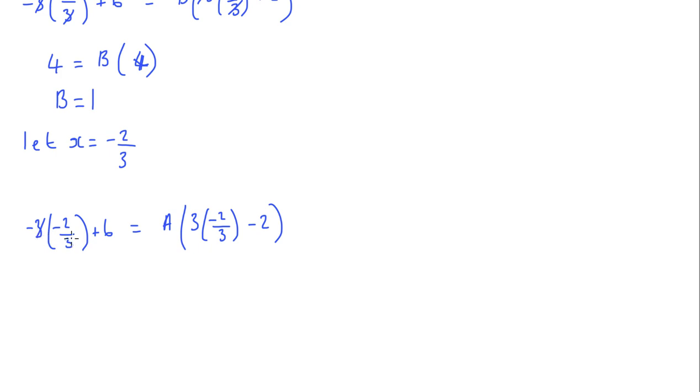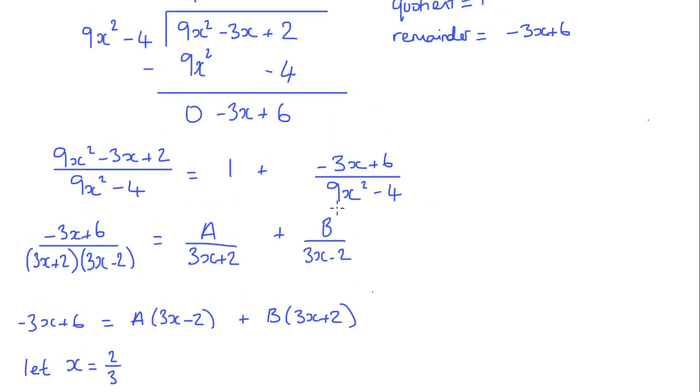Again, the 3's will cancel, so that's going to be plus 2 plus 6, which is 8, is equal to a lots of the 3's cancel here. This is going to be negative 4. So a is negative 2. Which means that if we remember what we had earlier, this minus 3x plus 6 over 9x squared take 4 is equal to minus 2 over 3x plus 2 plus 2 over 3x minus 2.